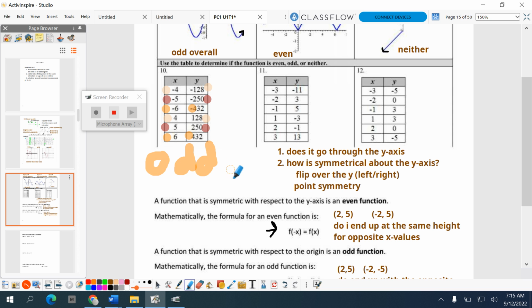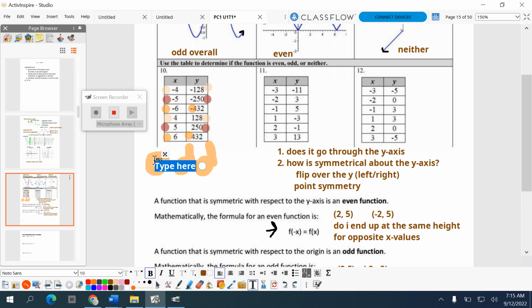Okay. Why is it odd? So we're going to write our answer here. You do need to write this out so you fully understand.